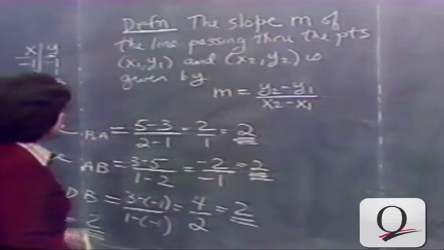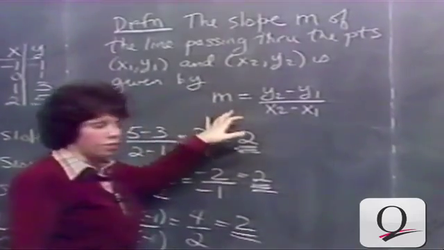The slope of the line passing through these 2 points is given by this formula.